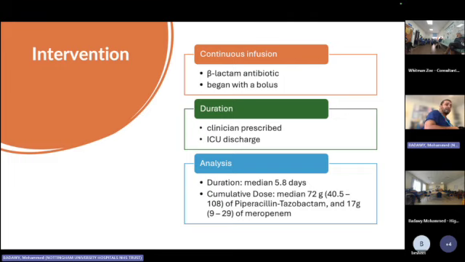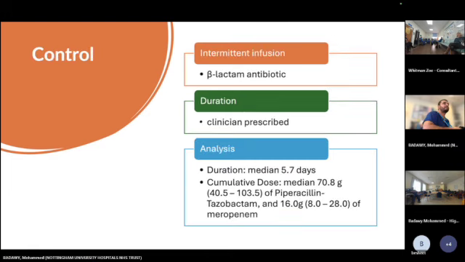And the outcome of the analysis of that group, they usually got a median duration of 5.8 days. And the cumulative dose was around 72 grams for tazocin and 17 grams of meropenem. On the other hand, in the control group, they had beta-lactam antibiotics as usual, intermittent dosing, and the duration was clinician prescribed and clinician stopped as well.